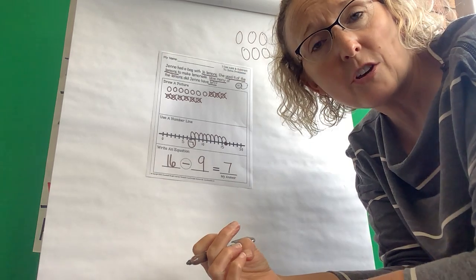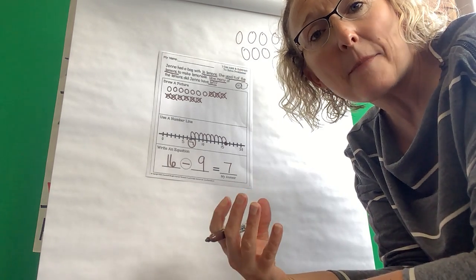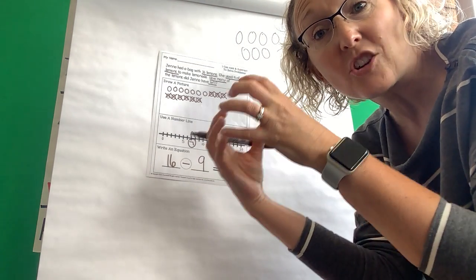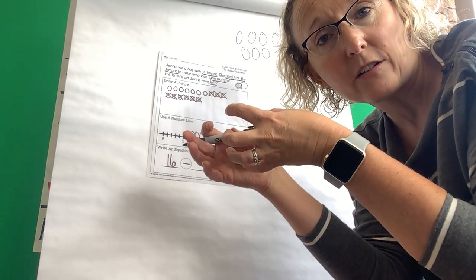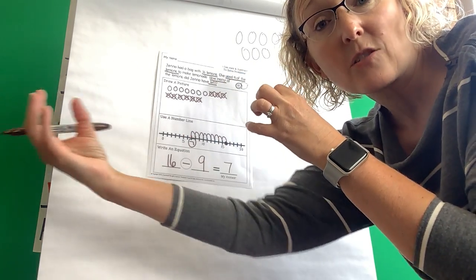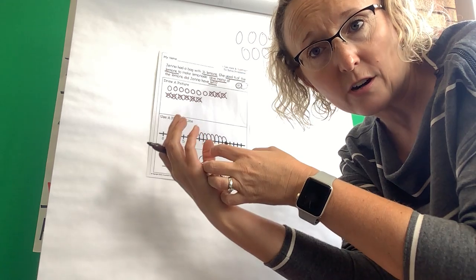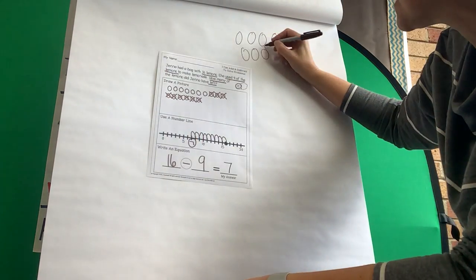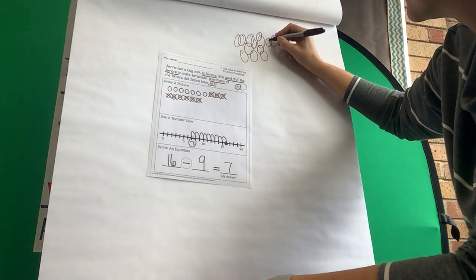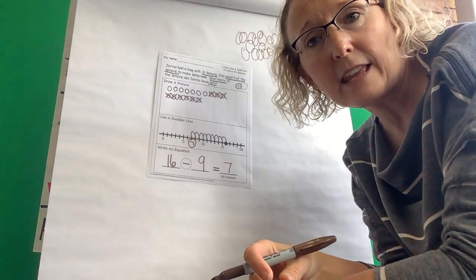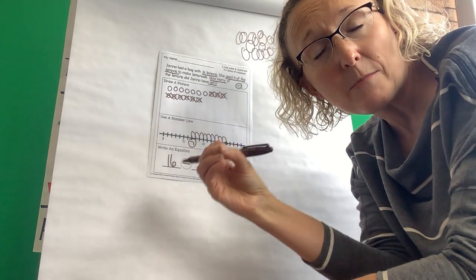The other thing I want you to notice about my pictures is that my lemons are not overlapping each other. They're spaced apart so I can totally see how many there are. If it's a big mess like this, we can't tell how many there are. You have to space them apart.